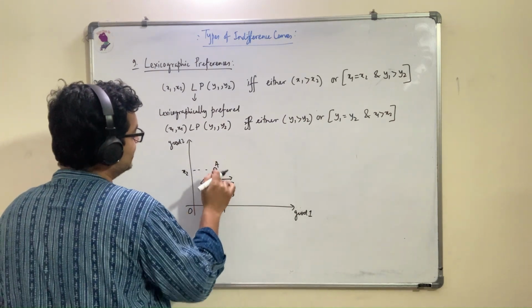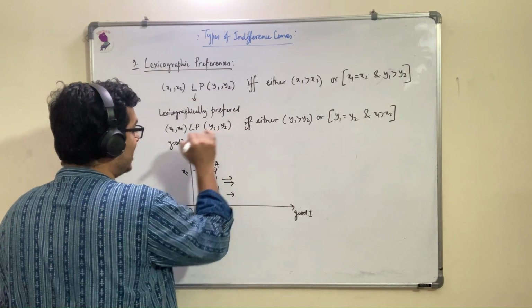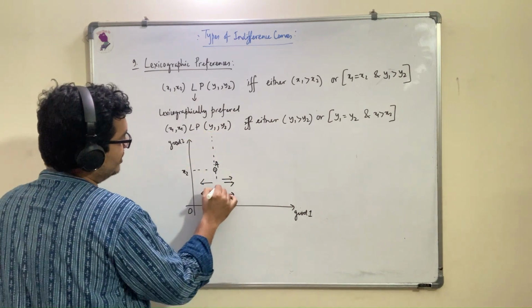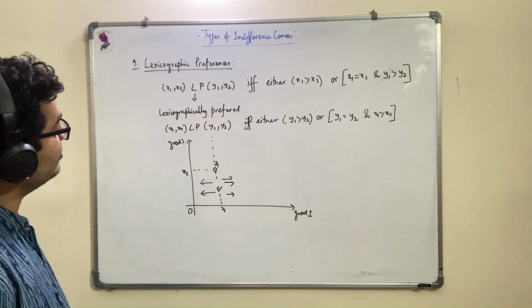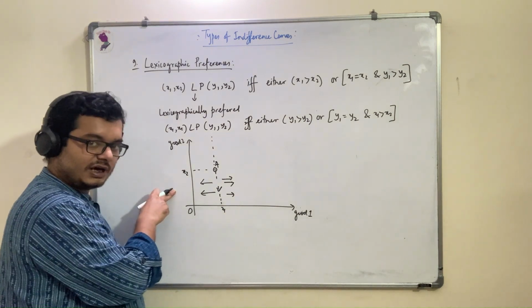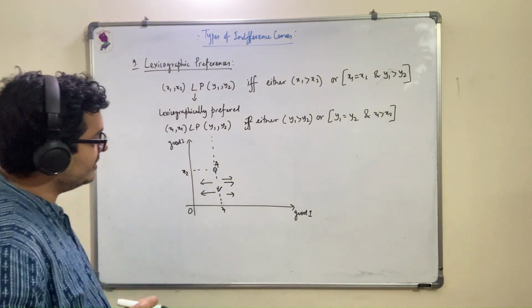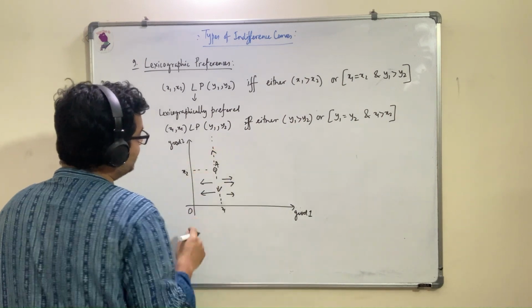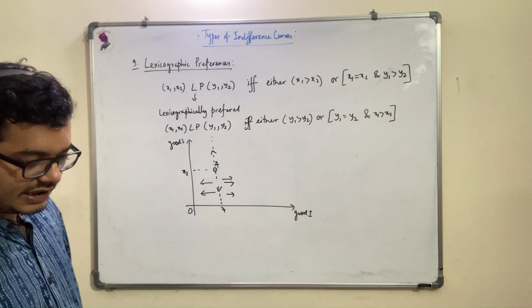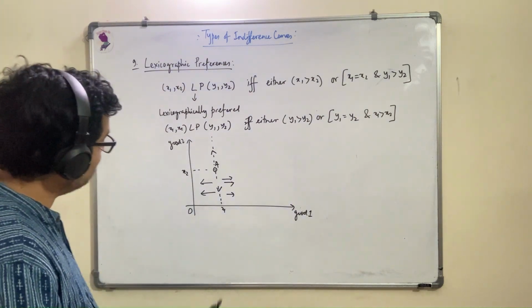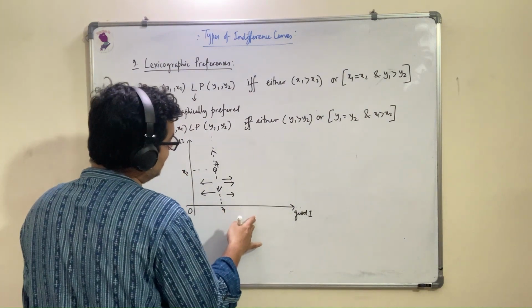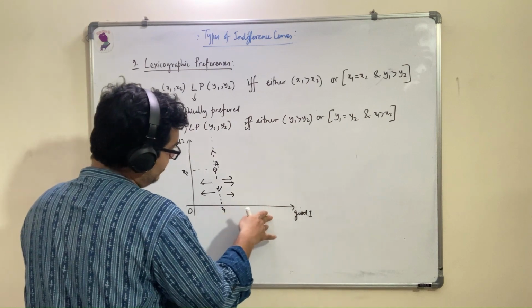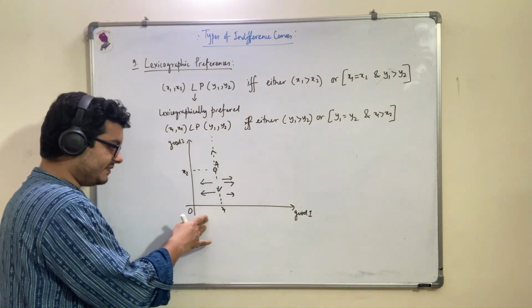Similarly, following the same logic, what we are left with is this line. Now in this line, if we go downwards, x1 will be same, but x2 will be lower, or good 2 will be lower. So less preferred. If we go up, then good 2 will be higher, so that is strictly preferred. So to repeat it again, on the right side we have strictly more preferred, on the left side less preferred.